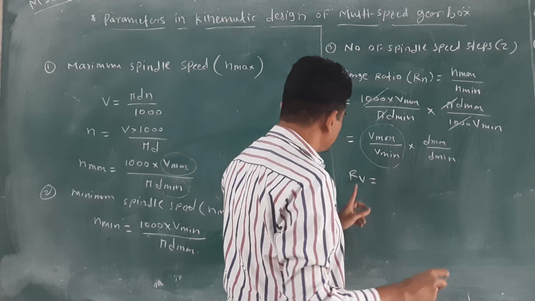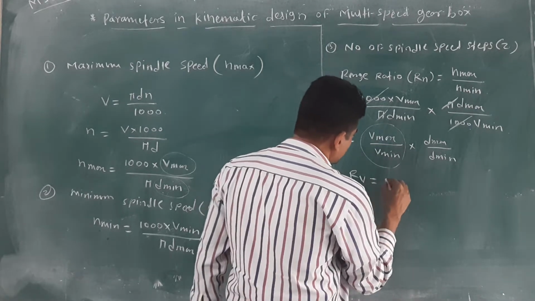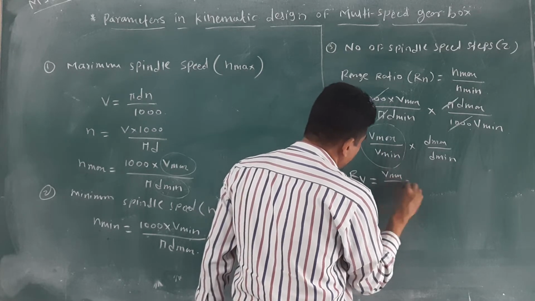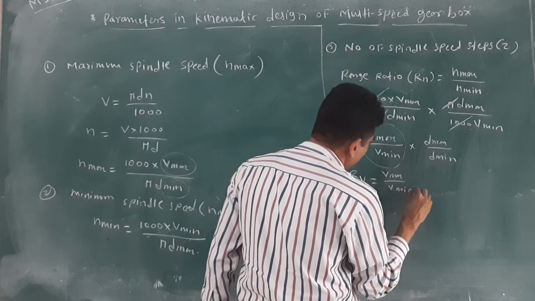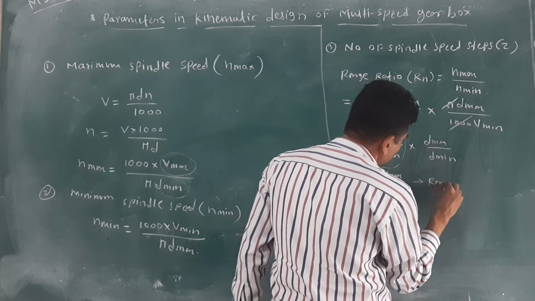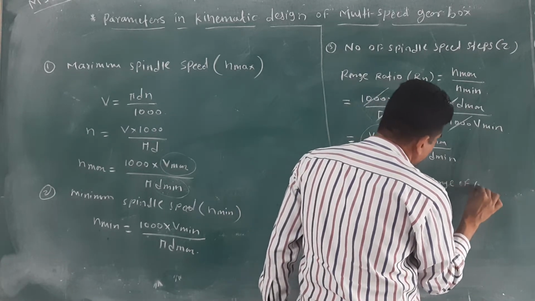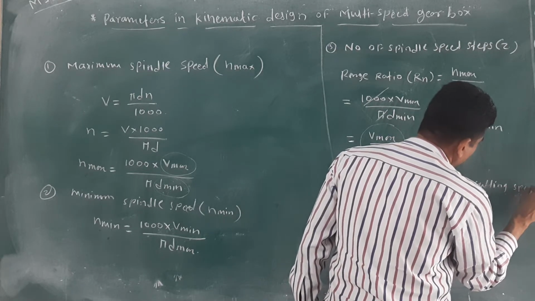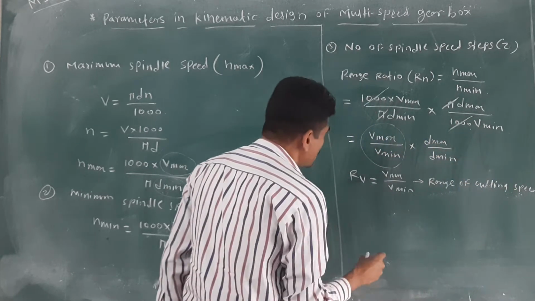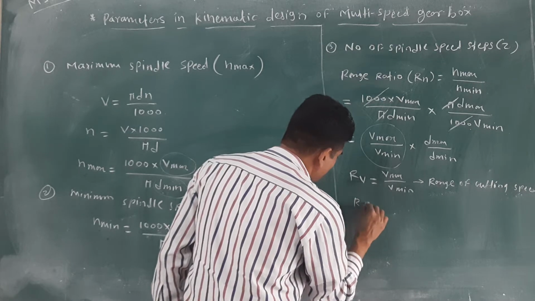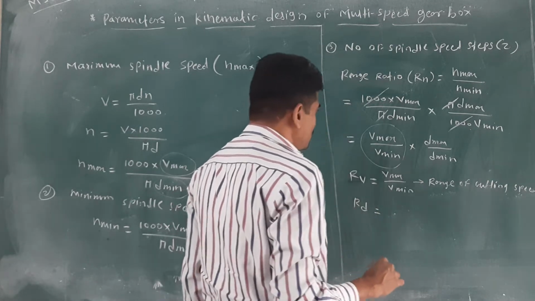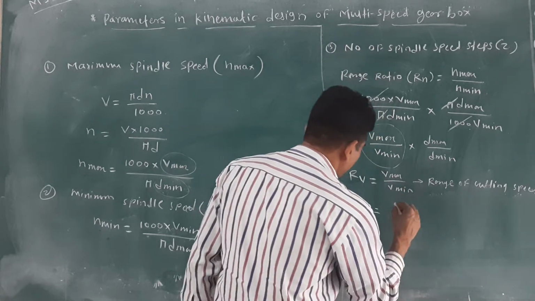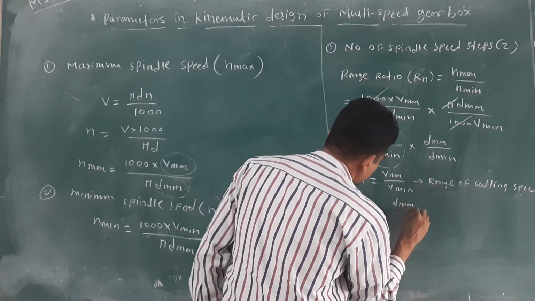Remember that, this is very important. RV is equal to V max divided by V minimum. And D max divided by D minimum is RD, the range of workpiece diameter.